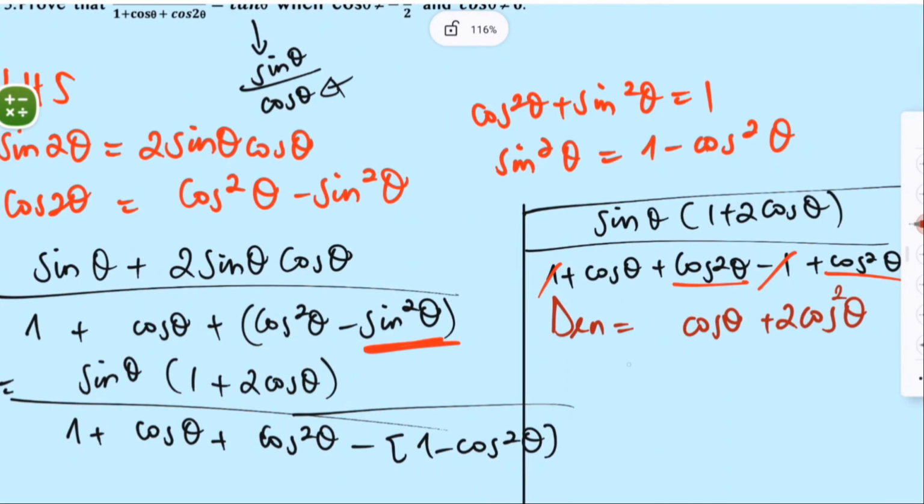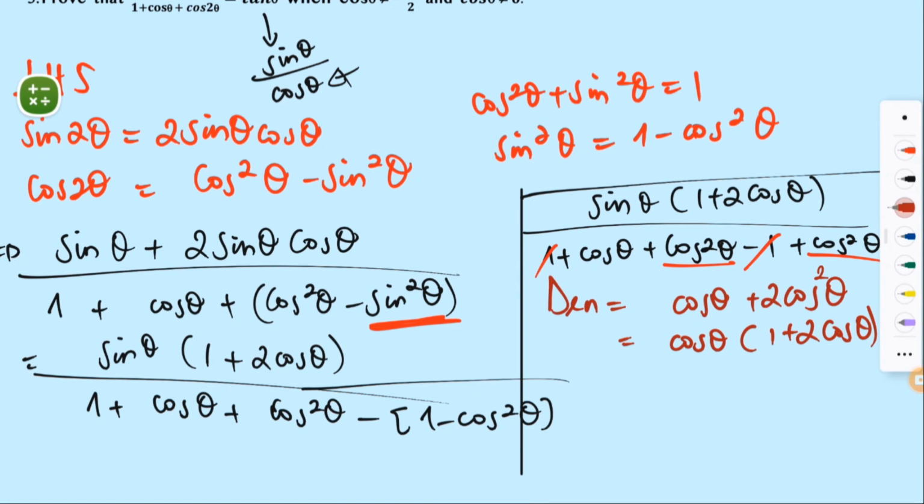Okay, factorize this. I'm going to have cos theta parentheses 1 plus 2 cos theta. Sorry, you must have noticed I'm using parentheses interchangeably with brackets. They all mean the same thing. Okay, there we go. We have the factored form. Now we can substitute back into the original equation.